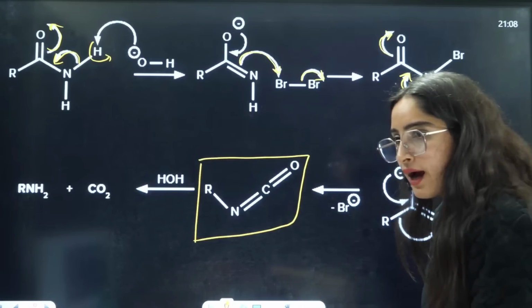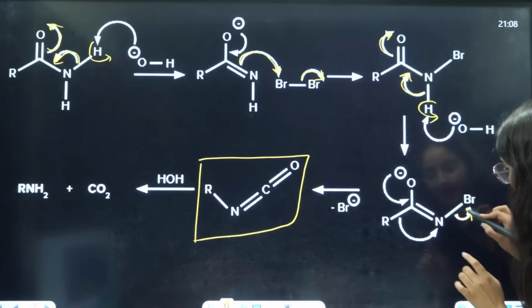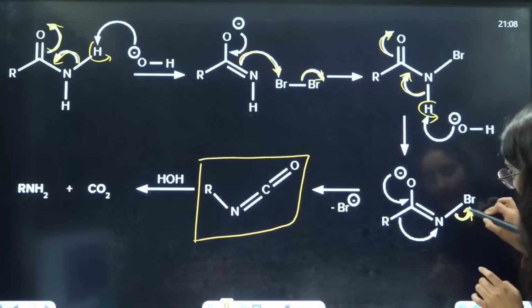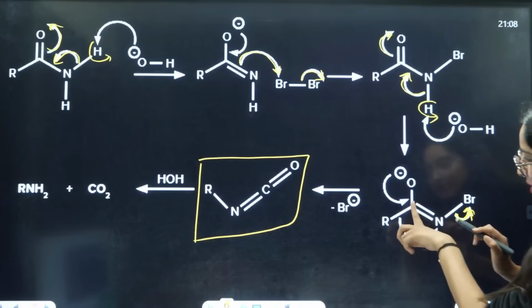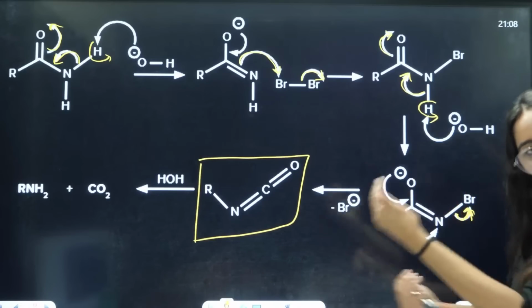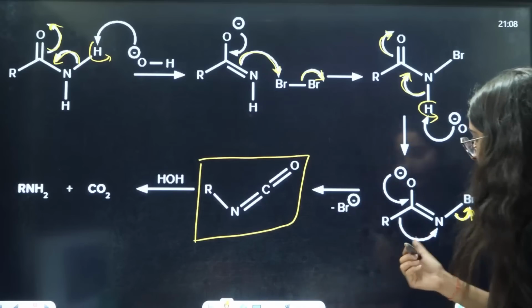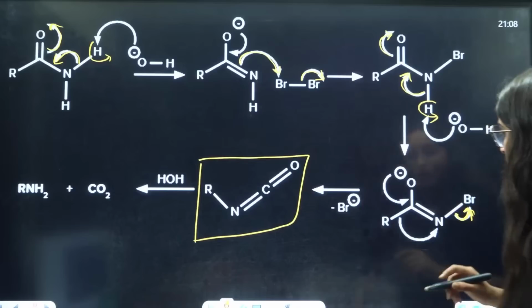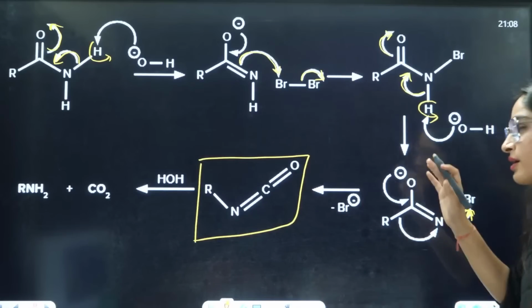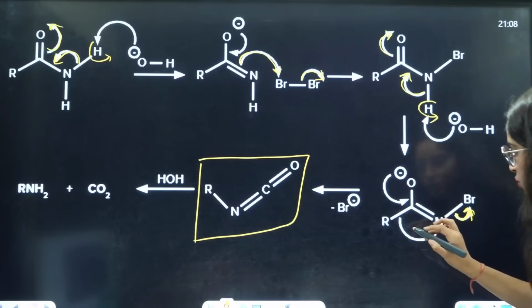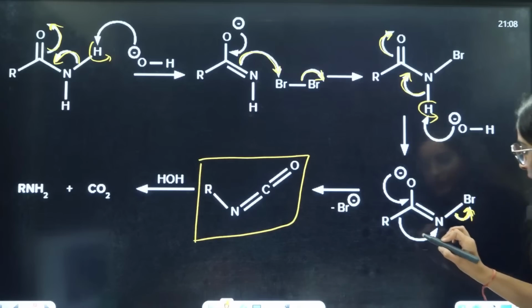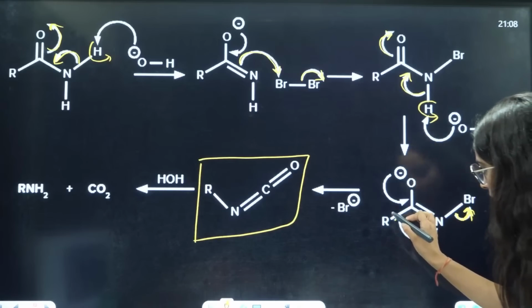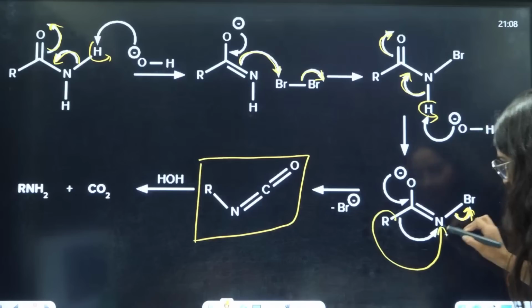Now let us see this. This bromine will be eliminated here. This is internal shifting, okay? That's why this is important. In carbylamine also you have something like this only. Now what will happen? This R will shift here, right?